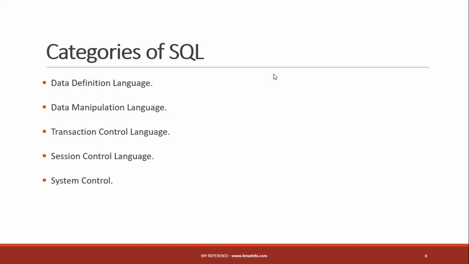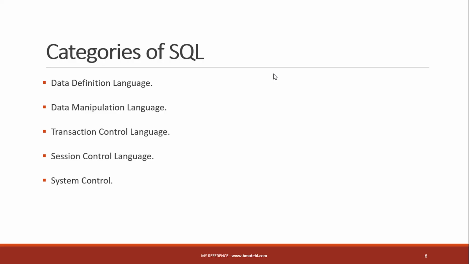Then we have another category called the session control language. The session is that period from the time I log onto the database to the time I leave. Sometimes we need to make changes to different user sessions. This is at a more advanced level, and we shall not be looking at such statements in this series. So whenever we need to make changes to the user sessions, we use the session control language statements.